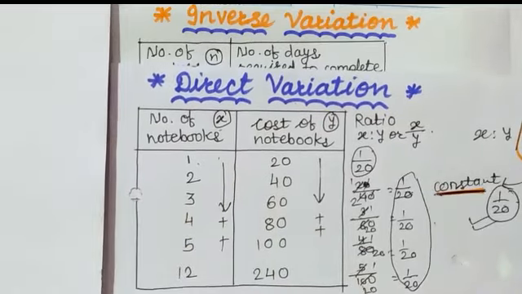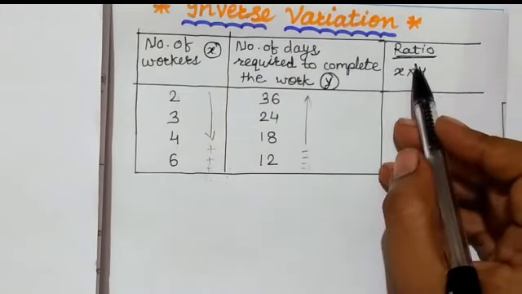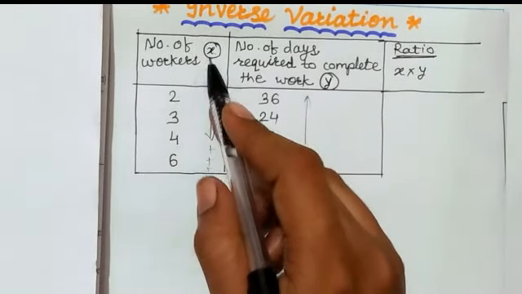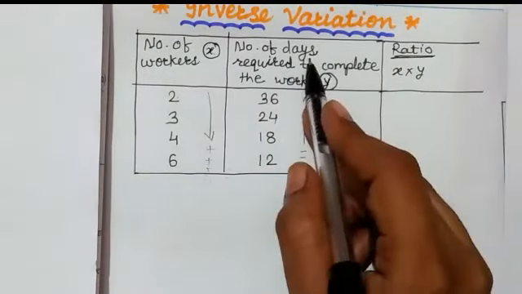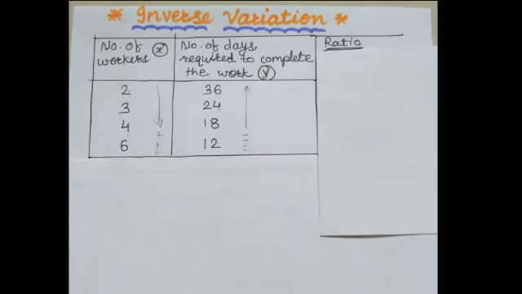Got it, students? Now students, let's find out the constant figure. The number of workers is indicated with x and the number of days is indicated with y. As we know that there is an inverse variation in x and y, if x and y are in inverse proportion, it means there should be a multiplication between them, then only we will get the constant figure.